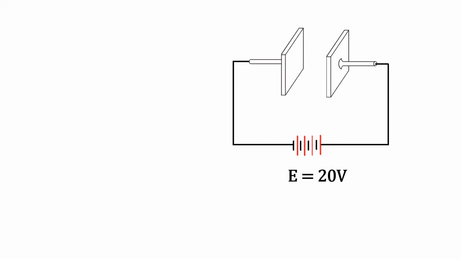So what goes on when a capacitor stores a charge? Let's take a look at that. Here we have two plates. In our example here, they're just separated by air so that we can see what's going on. Our two conductive plates are separated by air, and they're connected to a 20-volt source.